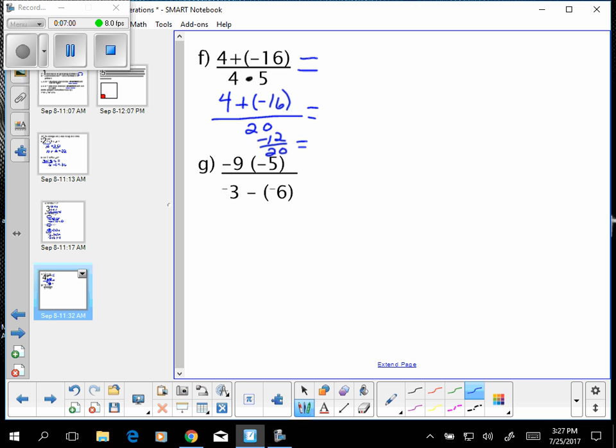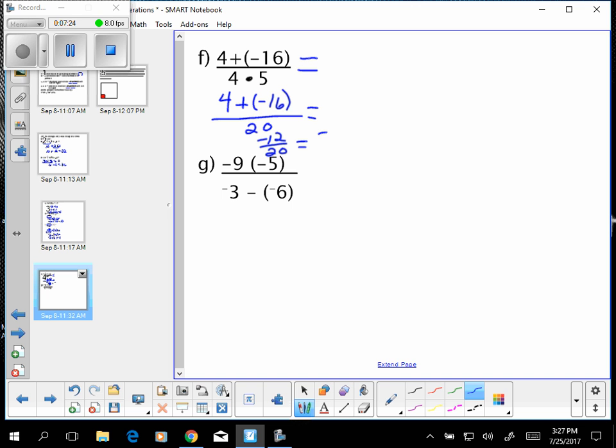Now this problem is also a little bit complicated, and I show it to you because there might be one or two in the worksheet. You really can't come up with a whole number for an answer here, but what we have here is a fraction. It's actually called a rational number in math, and it is going to be negative, and you really have to reduce it like you would reduce a fraction.